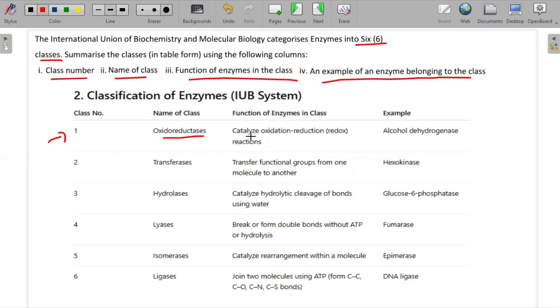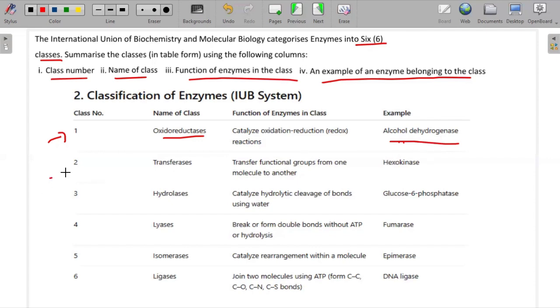That's what I wrote here. These catalyze oxidation reduction reactions. And a very good example of an enzyme that belongs to this class is the enzyme which we call alcohol dehydrogenase. So this is a very good example of an enzyme that will belong to this class.